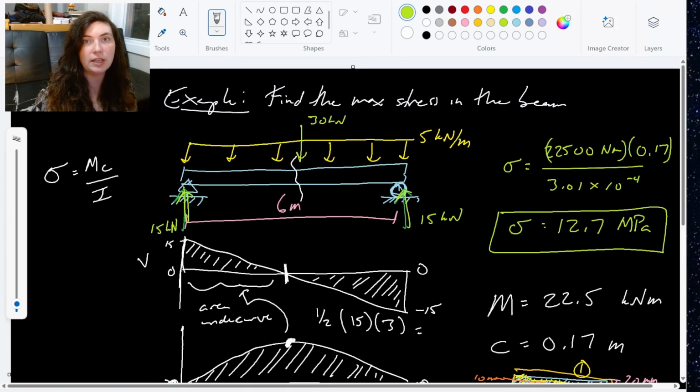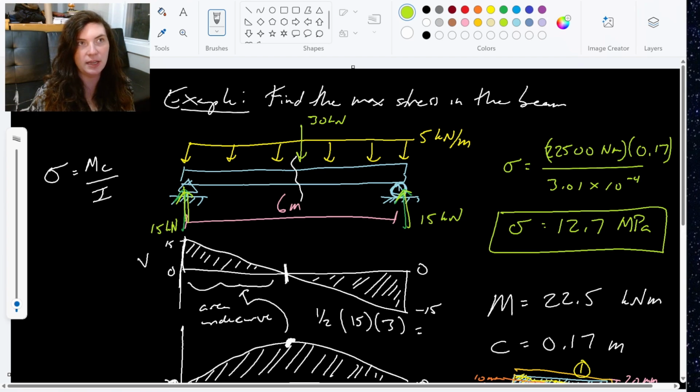And this value is really important, right? This value is what's going to help us pick things like what kind of material we can make the beam out of. If it can't withstand this maximum of 12.7 megapascals, then we can't use that material. So we do all of these calculations for design, right?